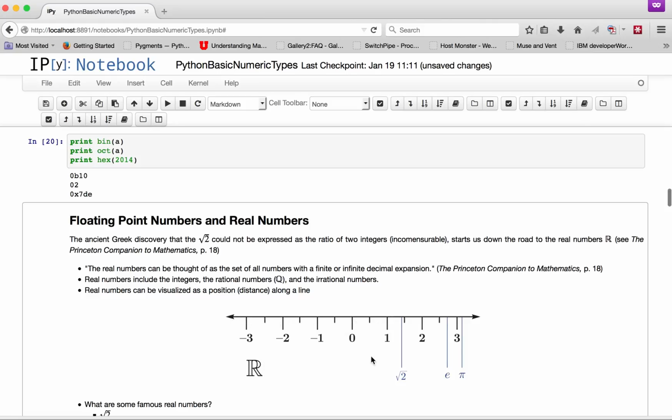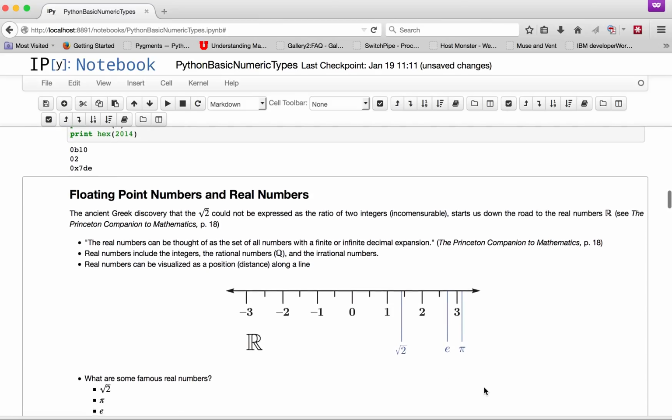And so here's the real number line. We have 0 counting backwards to negative infinity, 0 counting forward to positive infinity. But in addition to these integers, we also have these irrational numbers like the square root of 2, e, or pi, which are numbers that cannot be represented with a finite number of decimal points.